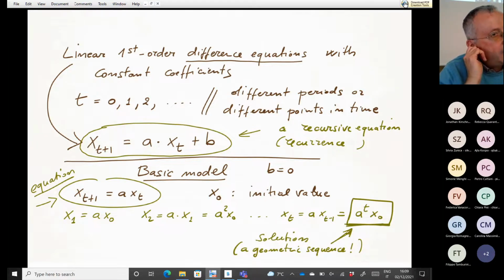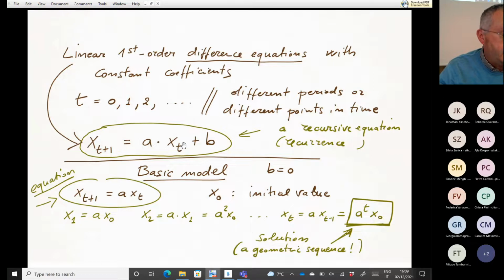So we consider only the values, for instance, at the end of each month, or at the end of each day, at the end of each year, not at any point in time. And we have some rule by which the value of my variable next time depends on the value at the current time, okay?